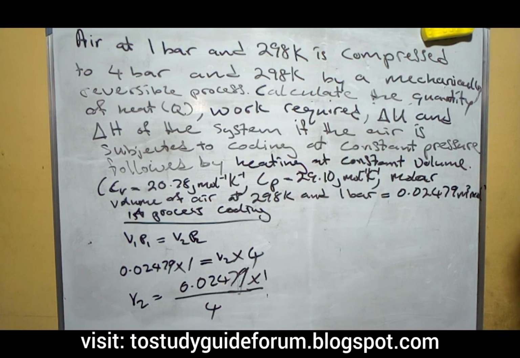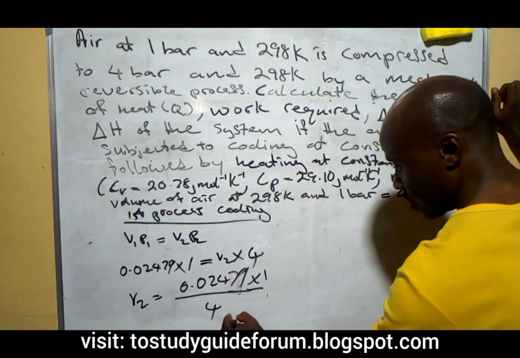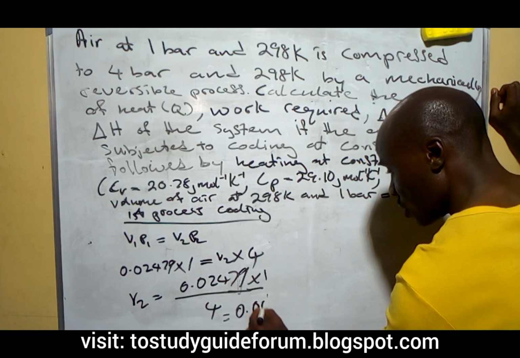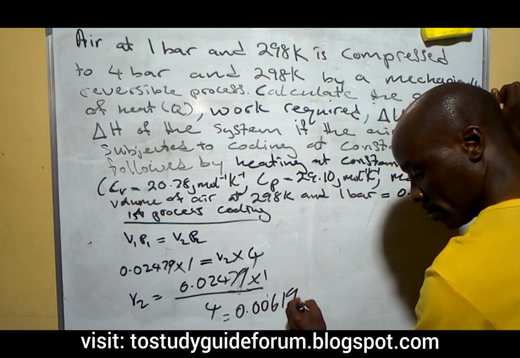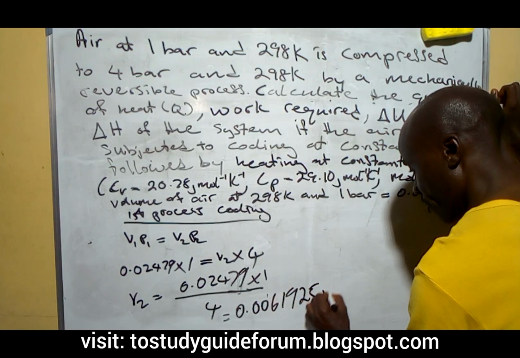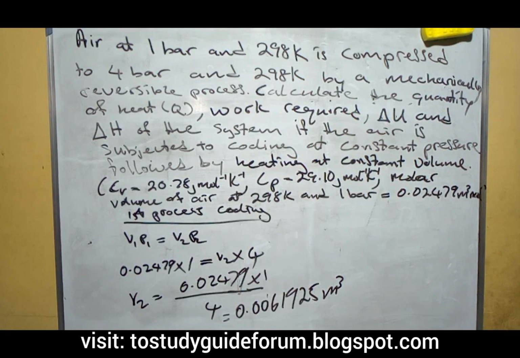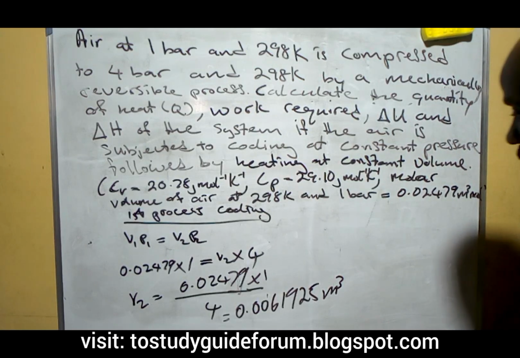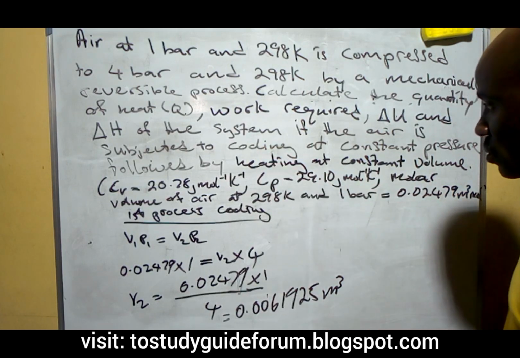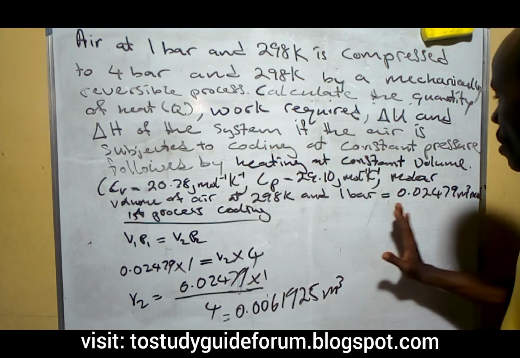That will give us 0.0061975 meter cube. This is what we have as our volume. So this volume now is the final volume during the cooling process at constant pressure.